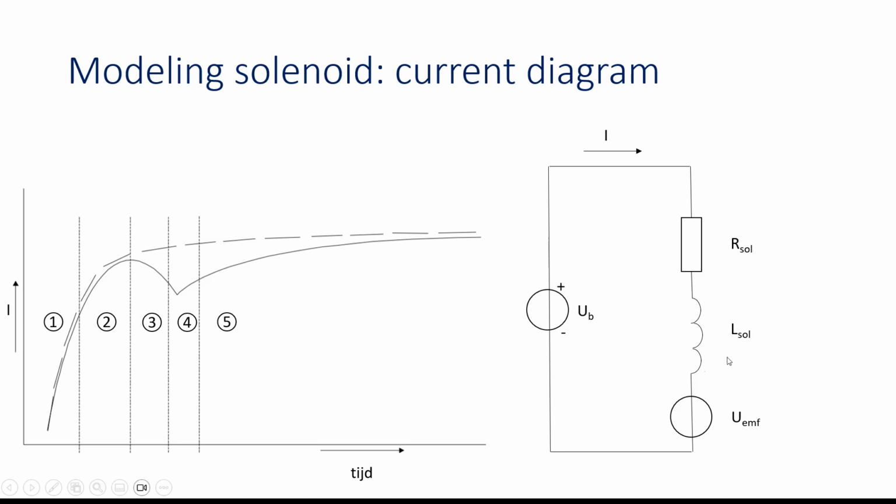And in area number 2, the force created by the current is high enough to get that plunger to move. So in that case, 2 aspects are created. The first aspect is that the L starts to change.